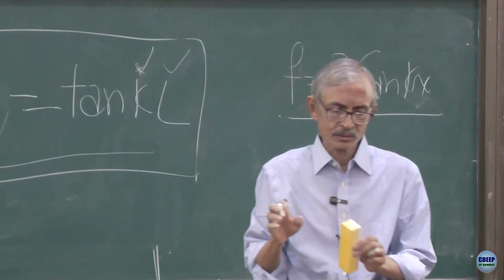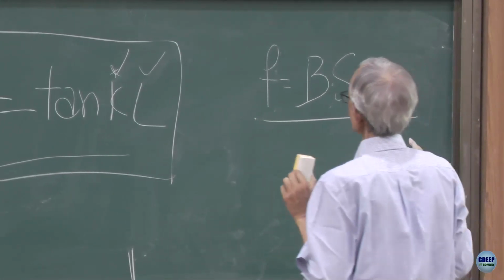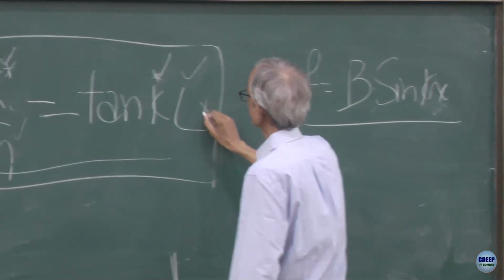This one is just illustrating that you get different values of K. That's what this function is going to do for you.